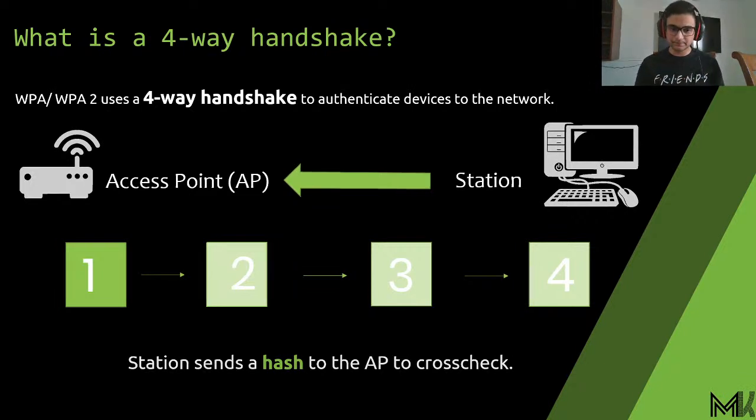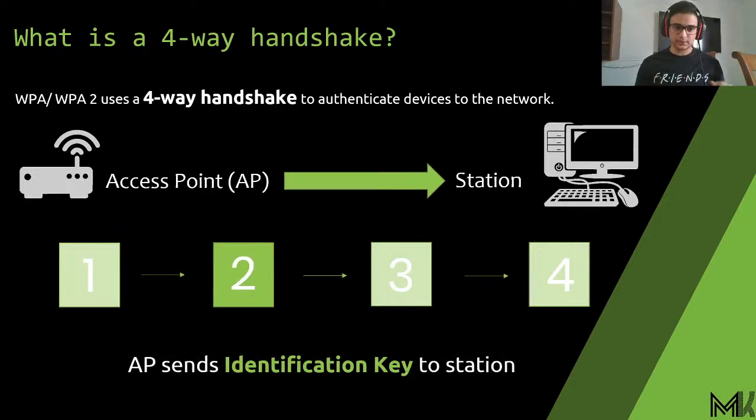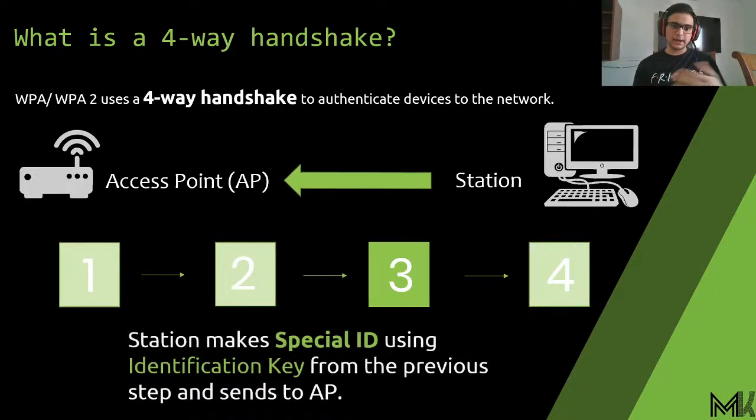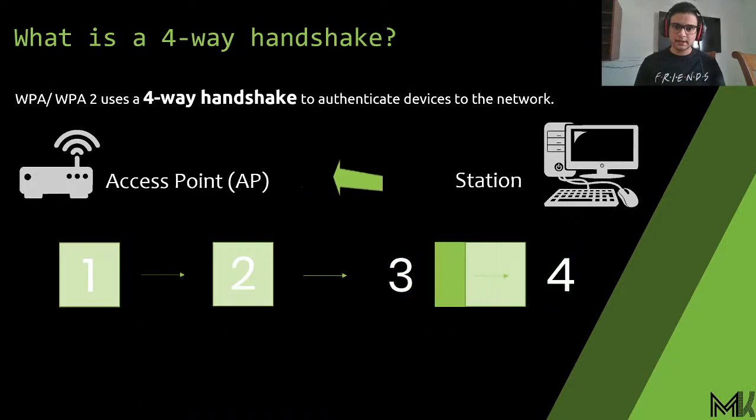The second step is identification. The access point sends an identification key to the station. This identification key is required by the station to create a special ID. This special ID is created using the identification key sent by the access point, and is then sent back to the access point.